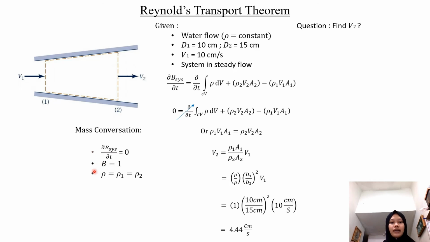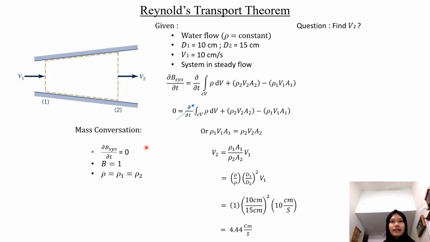B is an extensive property of the system with respect to time. This equation says that the time rate of change of some extensive property of the system is equal to the rate of change of the property as it flows through the control volume with respect to time.